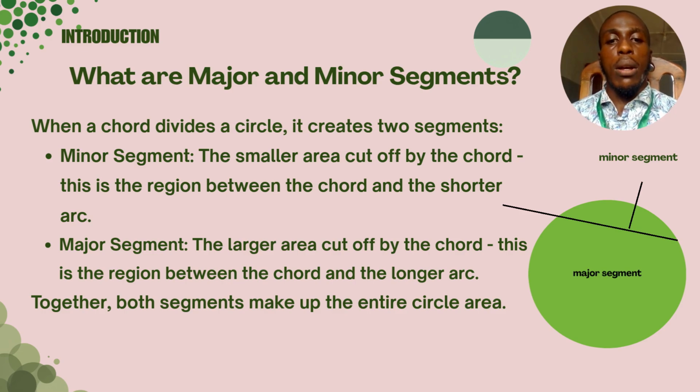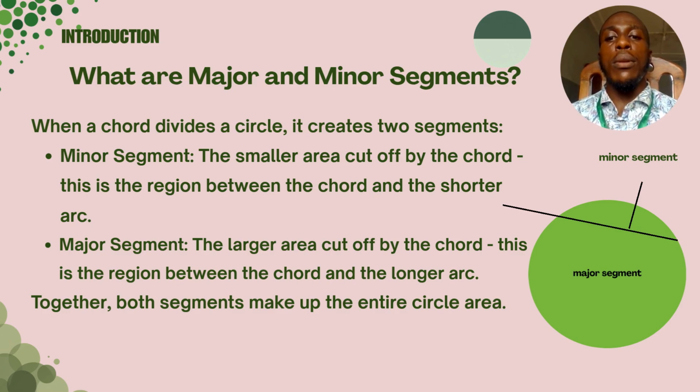That's a chord. When this line divides a circle, it creates two different segments, except if the line is drawn through the center of the circle, then it becomes a diameter.